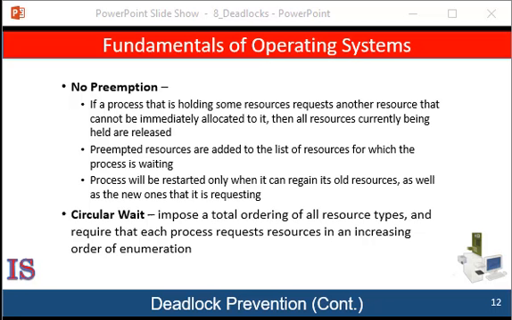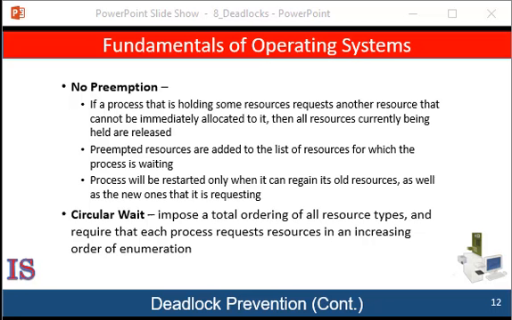In other words, these resources are implicitly released. The preempted resources are added to the list of resources for which the process is waiting. The process will be restarted only when it can regain its old resources as well as the new ones that it is requesting.